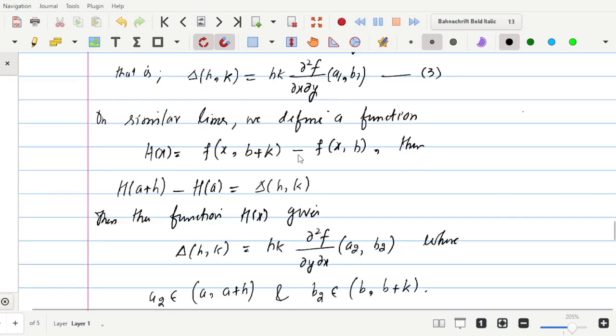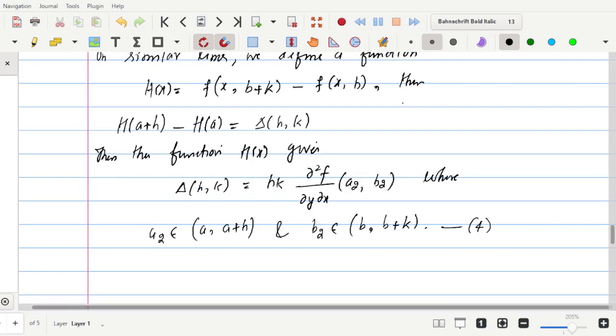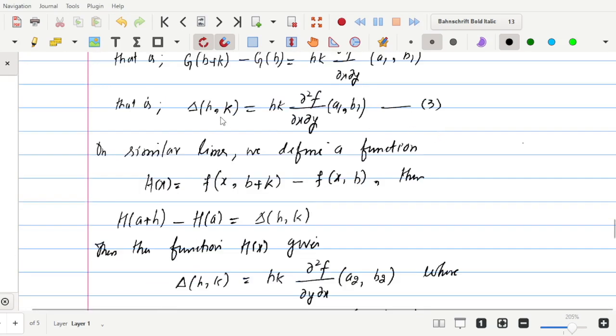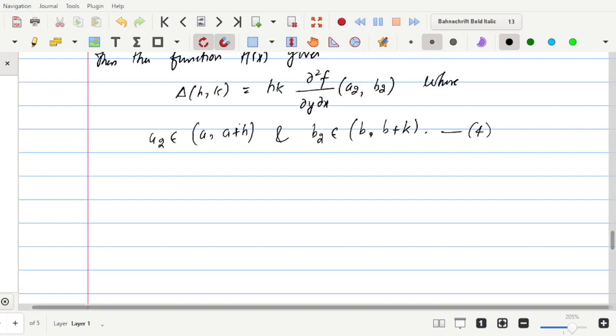So we have now two equations. One is equation number 3 and another is equation number 4. But for these two equations, we have the same left hand side, which is delta h k. So we can compare the equations 3 and 4.